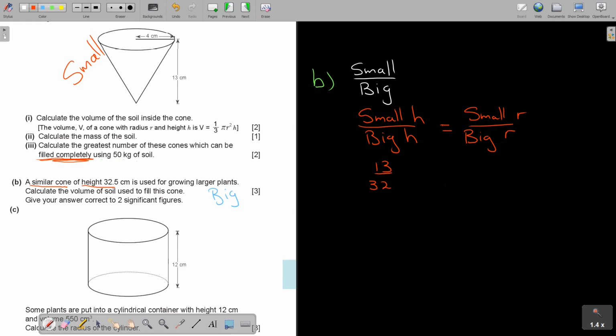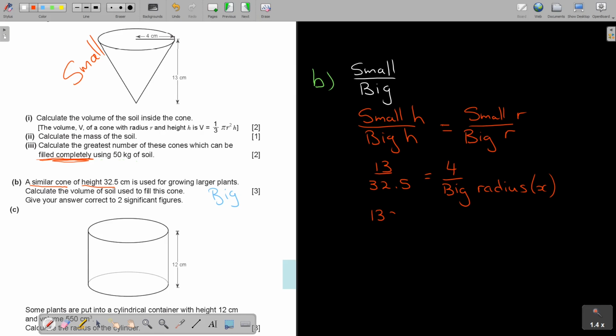What is the big height? It's 32.5. What is the small radius? It's 4. What is the big? That's what I'm looking for. I'm looking for the big radius. You can even call it x. And now I just cross multiply. So let's work with the x.